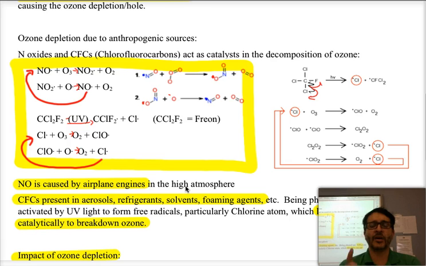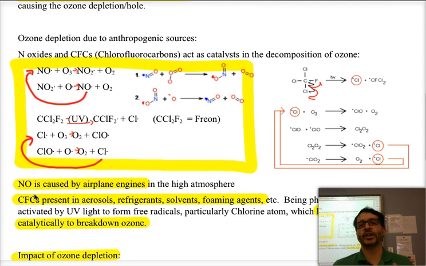Now, CFCs come from refrigerants, aerosols, all these different things that we use. Hopefully, we will eventually stop using them. We are in the process of eliminating them. Certainly, they're no longer used as propellants in aerosols. NO is a little bit more complicated because nitrogen monoxide gets formed, remember, from the high temperatures in the internal combustion engine.